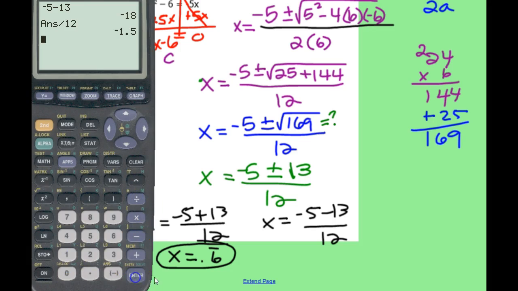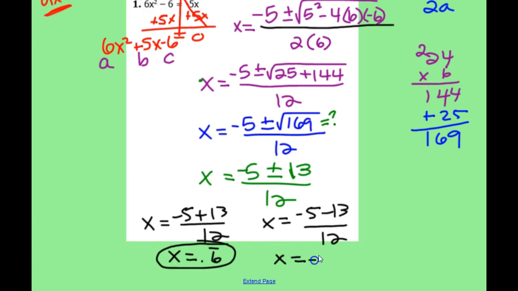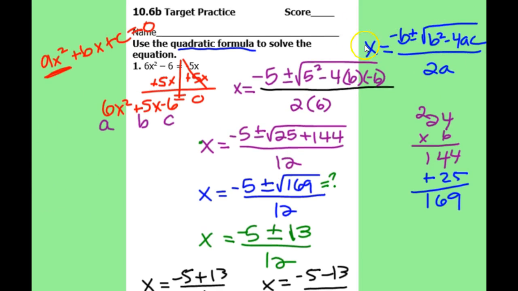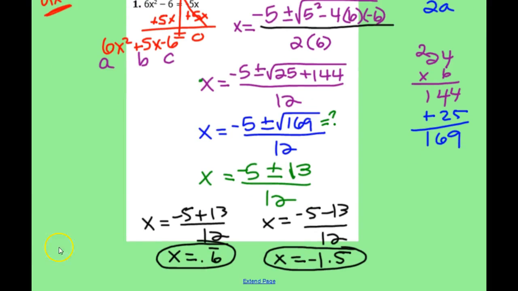Divided by 12, we get negative 1.5. So I know I did that a little bit quickly, but all we did was simplify our quadratic formula that we have up here and follow our order of operations: exponents, then multiplying, then adding and subtracting. So those would be our two places where this graph would cross the x-axis.